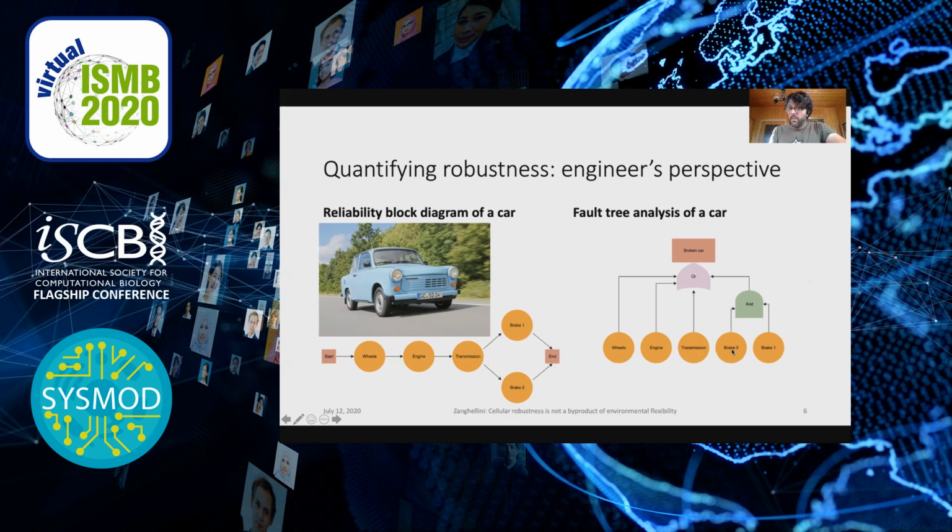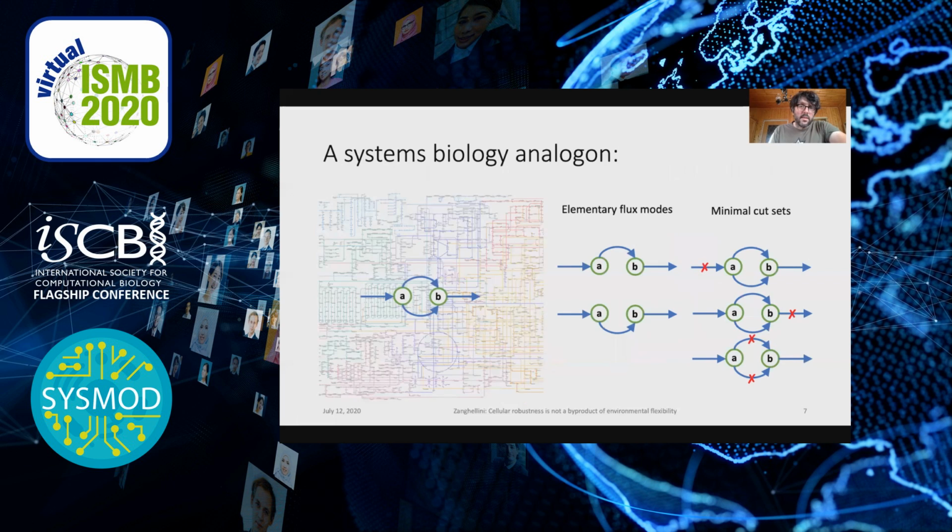If one brake breaks, nothing happens, but if brake 1 and brake 2 break, we get the signal and the car is broken. So we see that there is a very nice and a lot of theory in the engineer's world, and how can we translate that to the biological analysis?